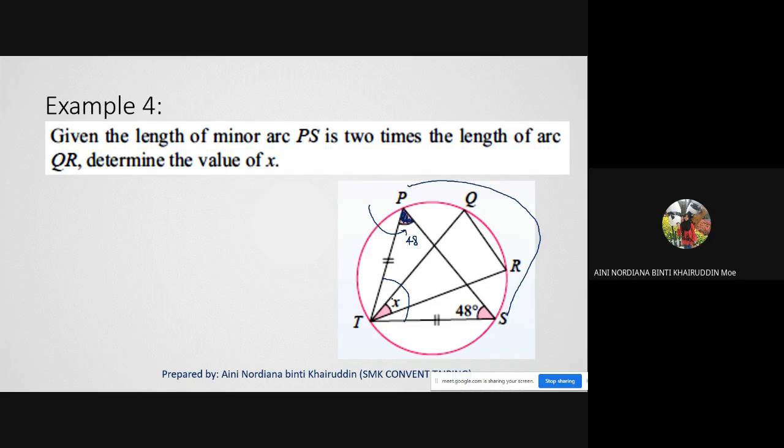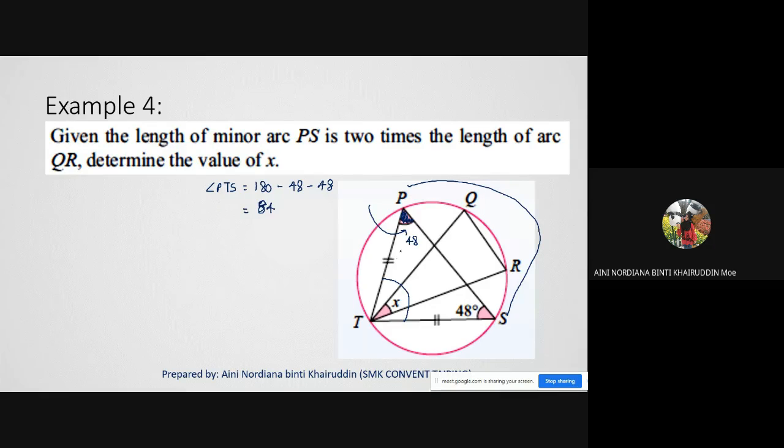So can you calculate the value of angle PTS? Angle PTS equals to 180 minus 48 minus 48 equals to 84 degrees. 84, sorry, 84. Okay.